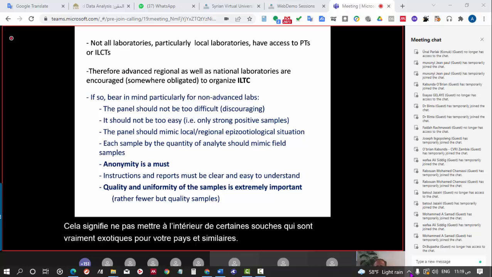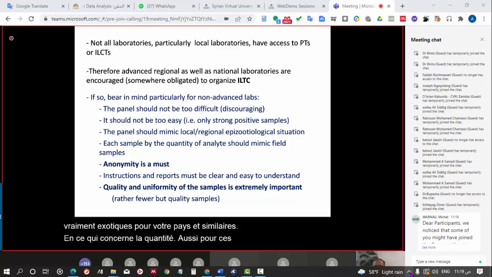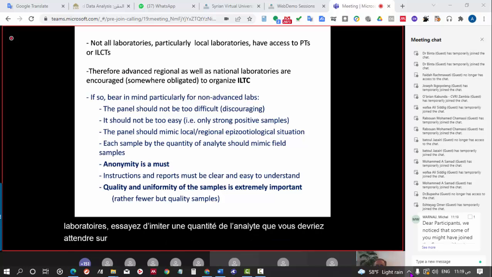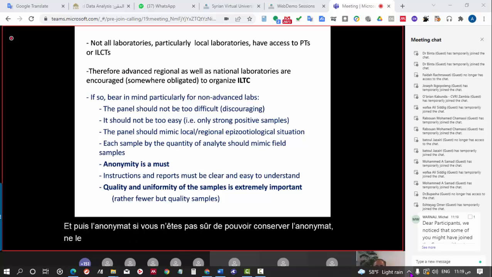Regarding the quantity, also for these tests for smaller laboratories, try to mimic the quantity of the analyte that you should expect in the field. So try as much as possible to mimic what they will have in the field. And then anonymity is a must. If you are not sure that you can retain anonymity, do not organize proficiency testing.